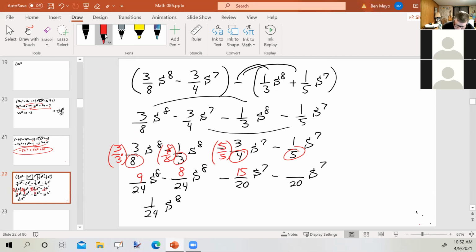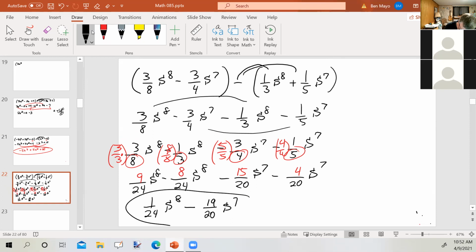We'll need to multiply 1/5 times 4/4, so we get minus 4 20ths s to the 7th. So minus 15 20ths minus 4 more 20ths would be minus 19 20ths s to the 7th. And there's our final simplified binomial.